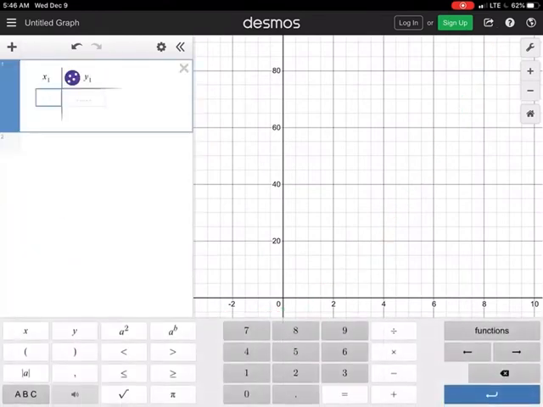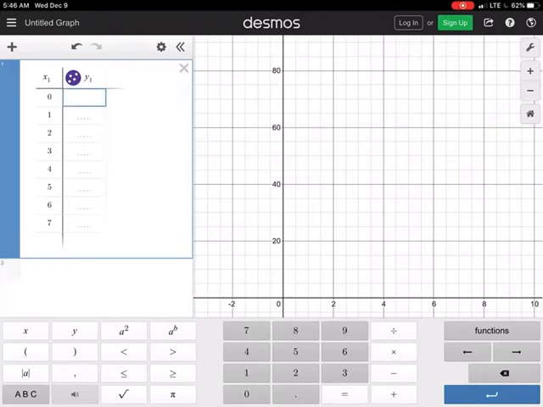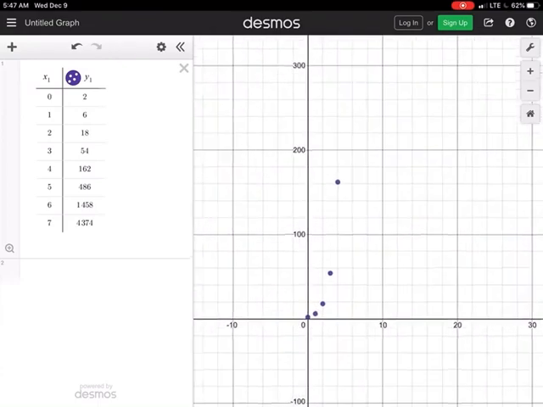Let's do one more. If we go back here and hit table again and put in our data values, so here are our data values.